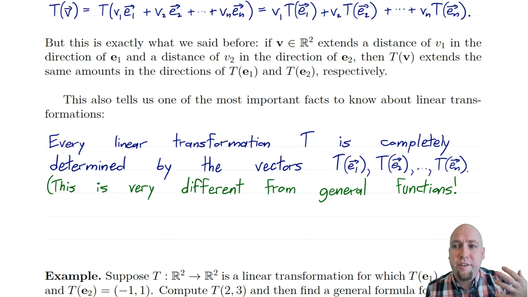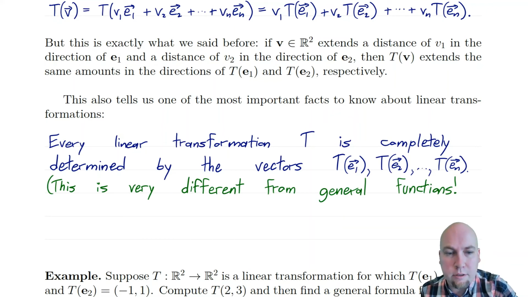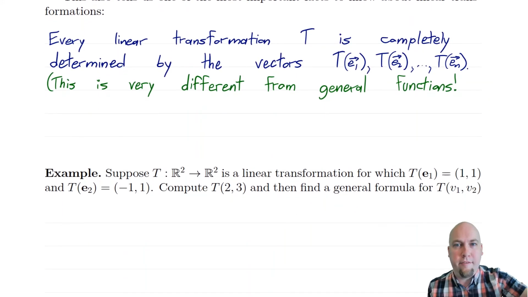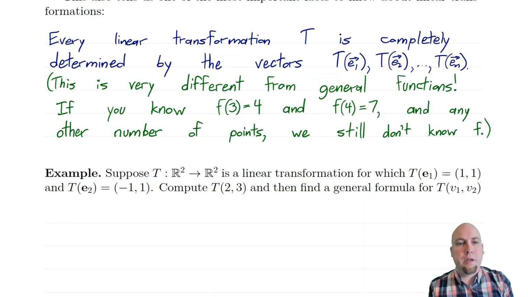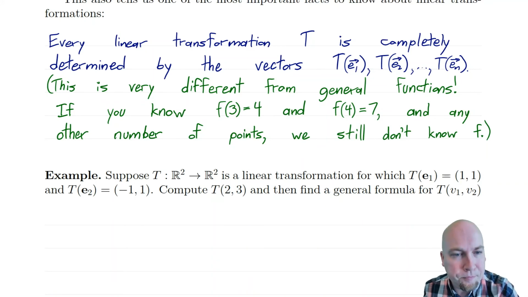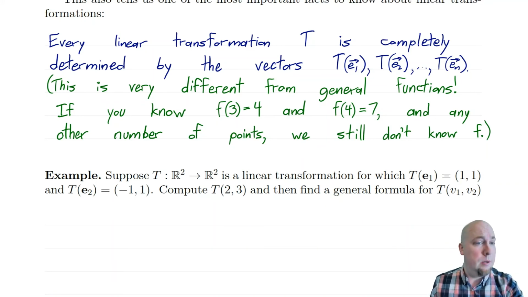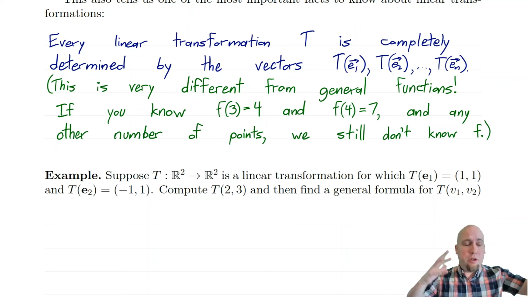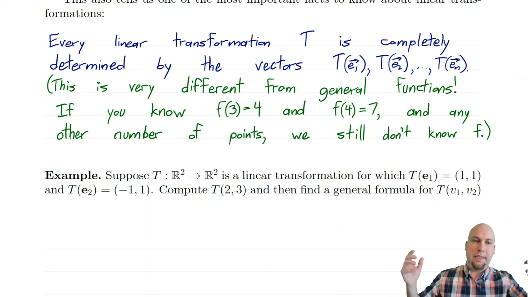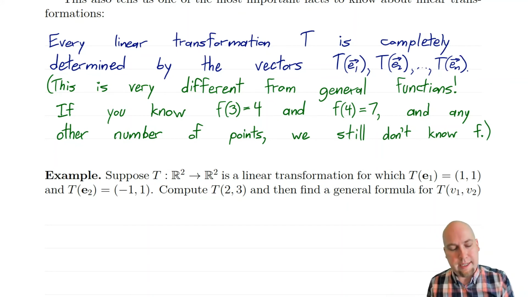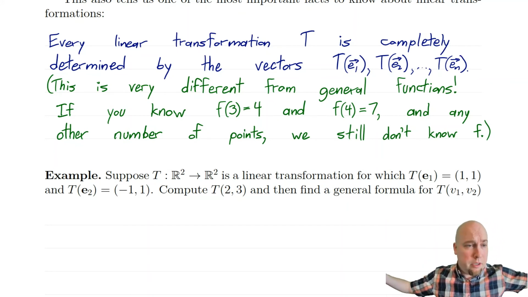This is very different from functions in general, even functions of just a single real number. Let's say you know that f of 3 equals 4, and f of 4 equals 7, and maybe a whole bunch of other points, any finite number of them: f of 5 equals 19, f of 6 equals -3, f of 7 equals 48, and that finite list is however long you like.